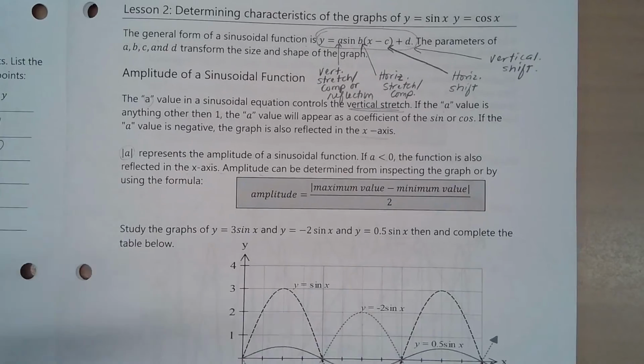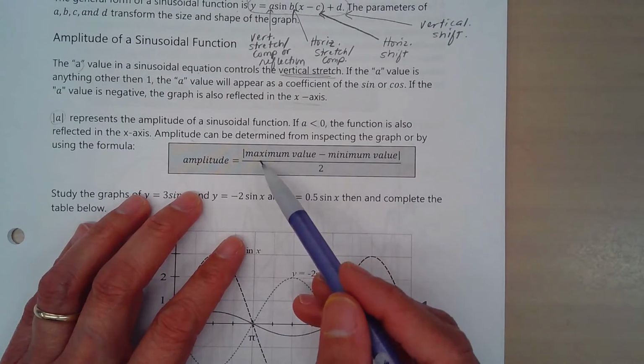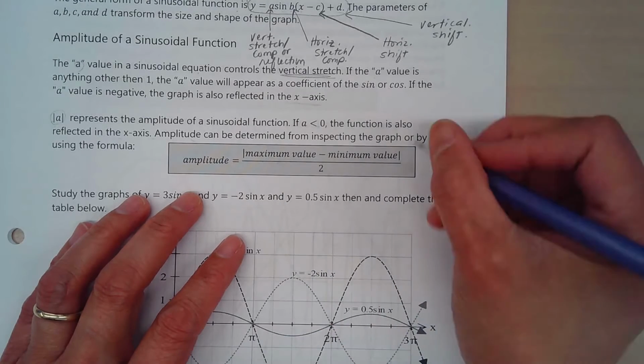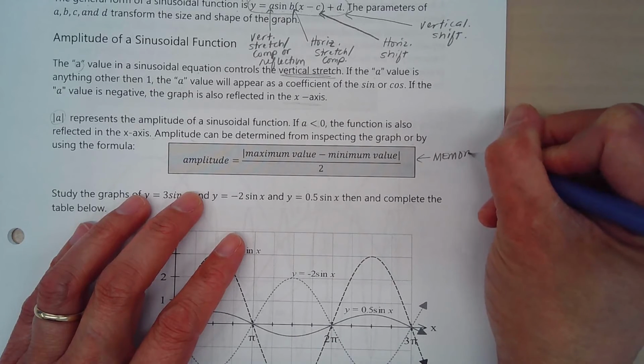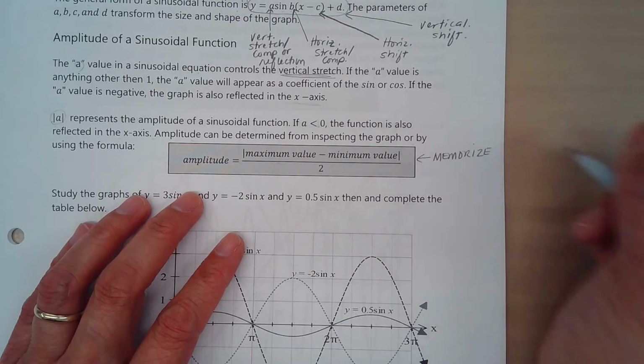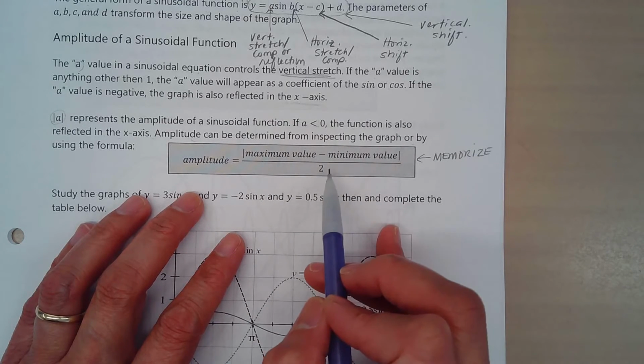Amplitude can be determined from inspecting the graph or by using the formula. Here's a formula for amplitude, and this is probably another thing to memorize: the absolute value of maximum minus minimum, divided by 2.